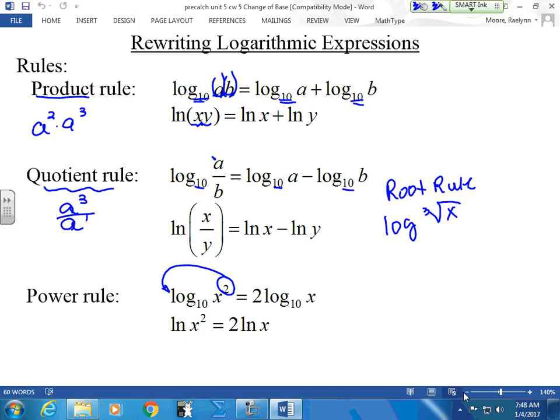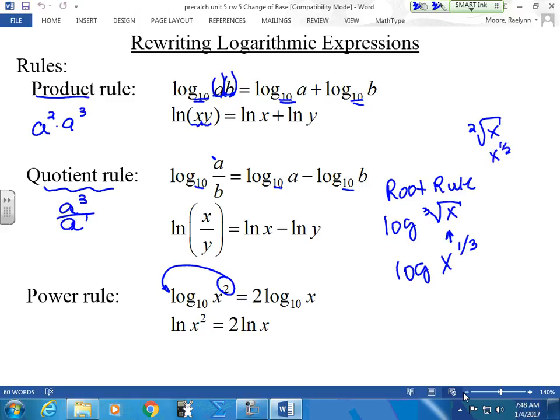So I'm going to convert this guy to a fractional exponent. This is my x to the 1, and whatever index is in here is the bottom number in your denominator. Keep this one, and it would be 1/3. A square root is 1/2.